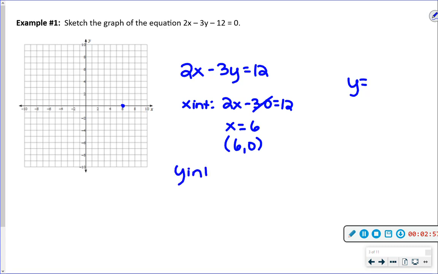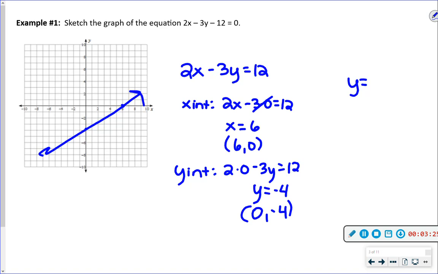And again, you can mostly do these in your head. For the y-intercept, you put 0 in for x. So 2 times 0, which again, I wouldn't really even write all of this. 2 times 0, of course, 0. I can solve that, I get negative 4. Or, of course, as an ordered pair, we put 0 in for x, negative 4 for y. Plot them both. So I plotted 6, 0, my x-intercept, and 0, negative 4, and I'm going to draw my line.